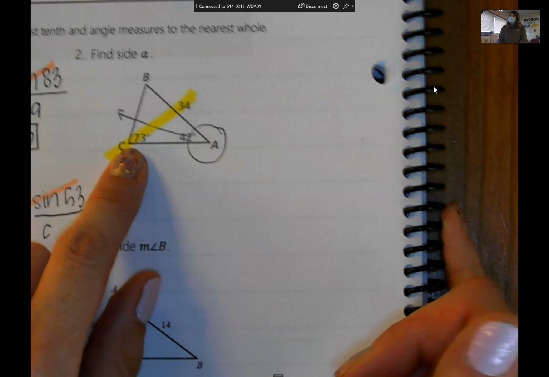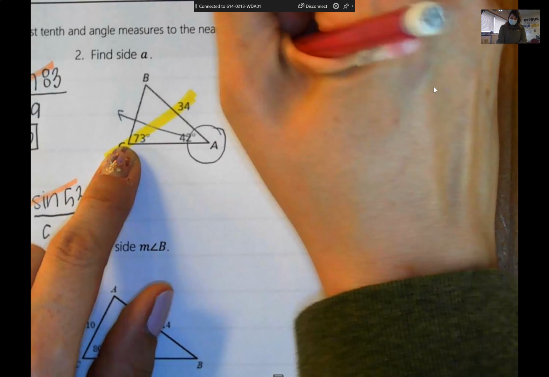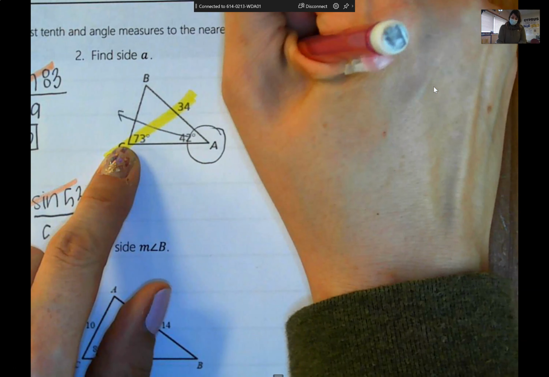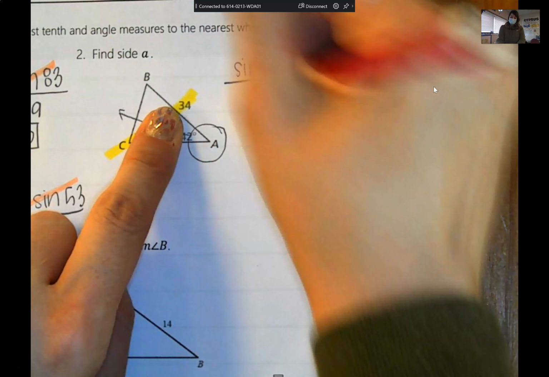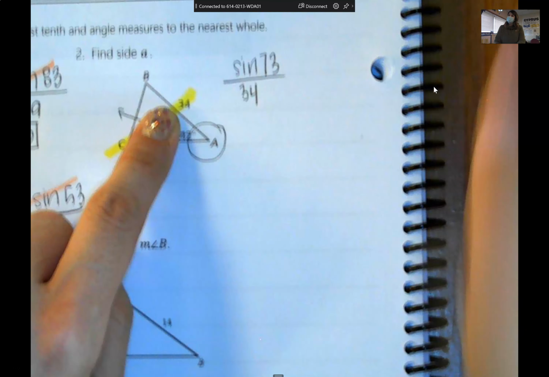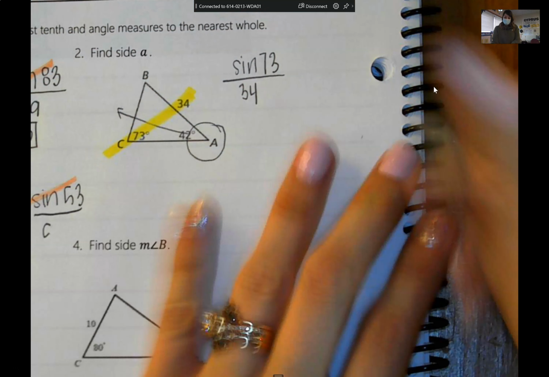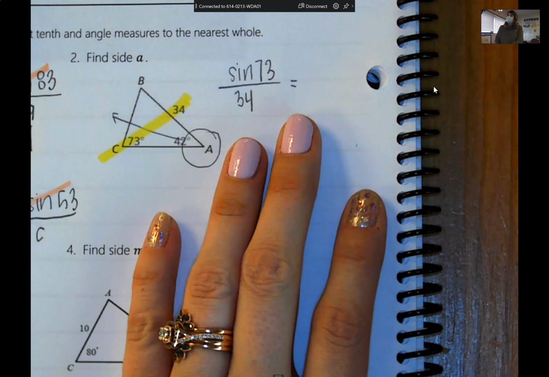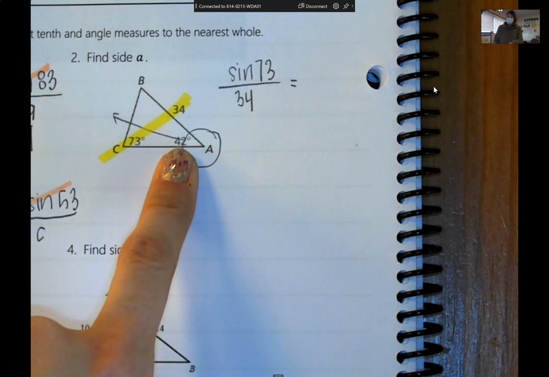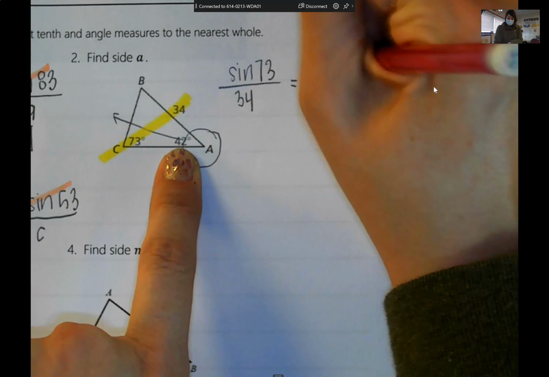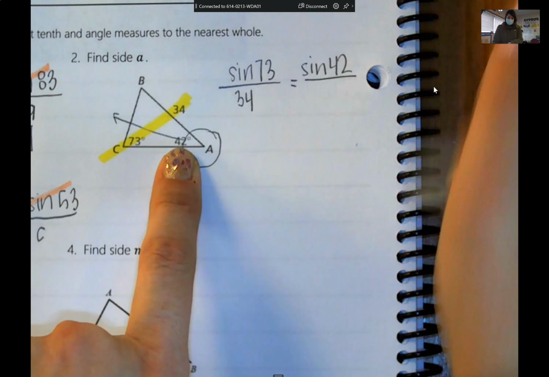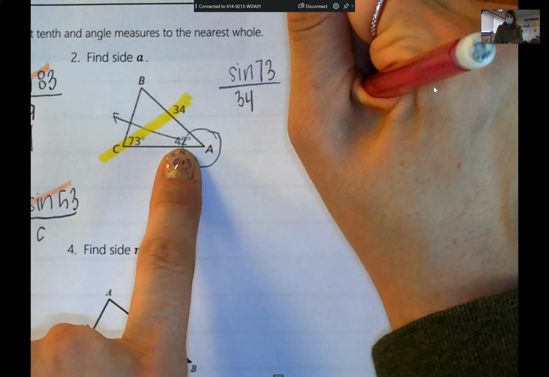So I'm going to take this sine of 73 and put it over its matching side length of 34. That equals, this time we already have the angle, so sine of 42 over little a.